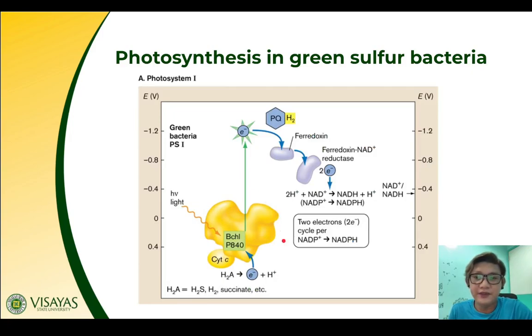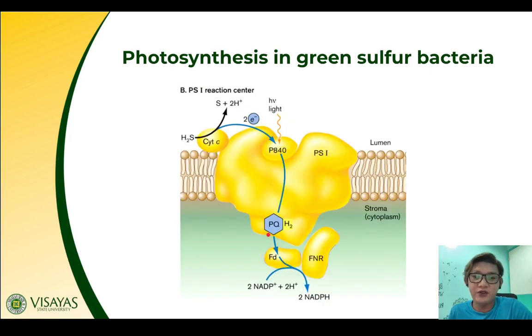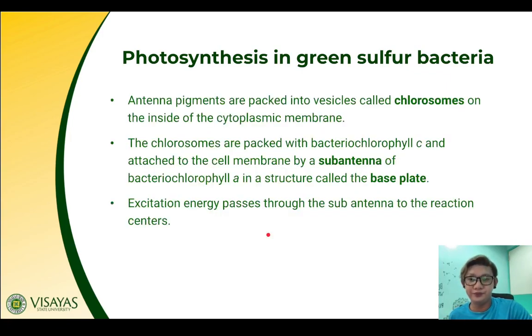Okay, this is another representation of the photosystem 1 with bacterial chlorophyll 840 in green sulfur bacteria and how electrons flow from the reaction center to the different electron acceptors.